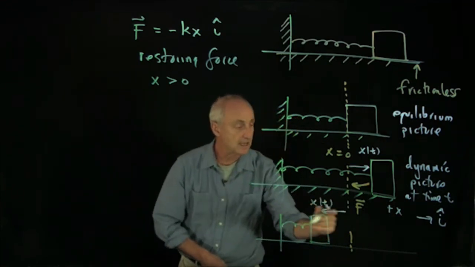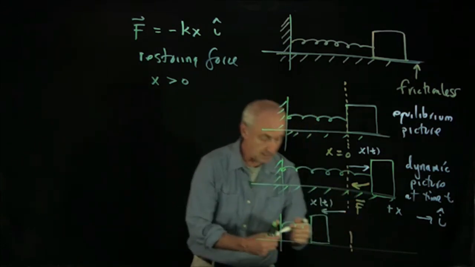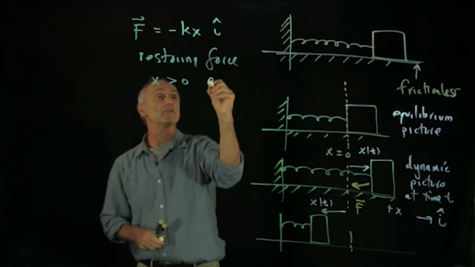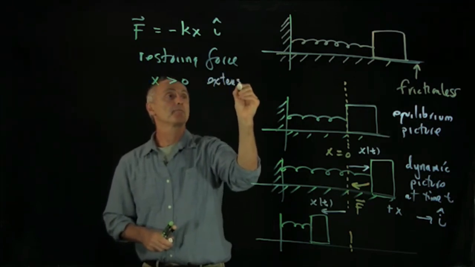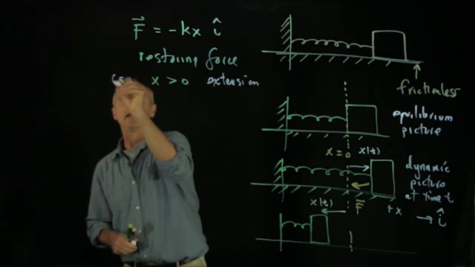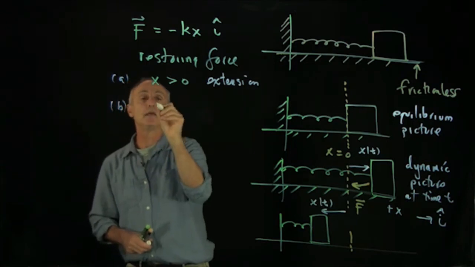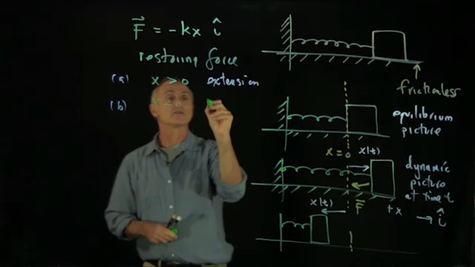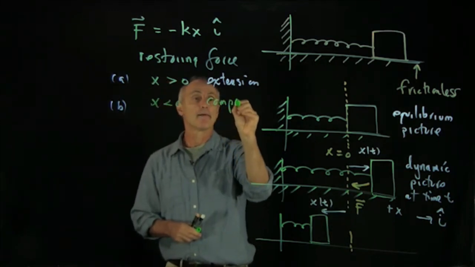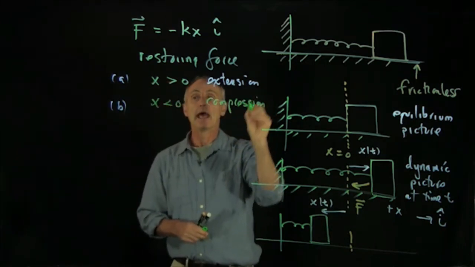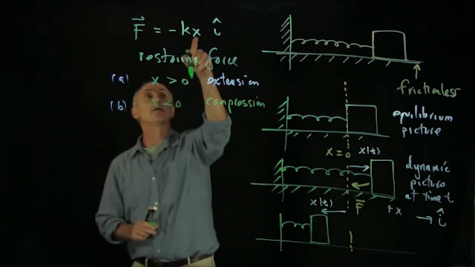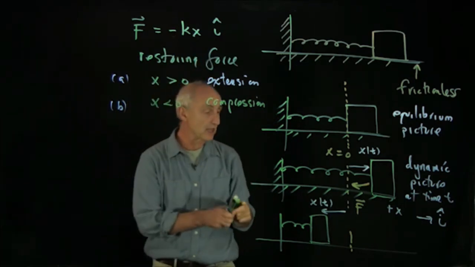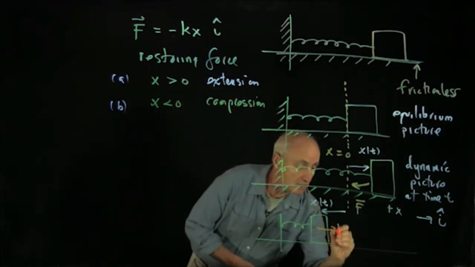But in this case, x of t is negative. So we'll call the first case A, the extension. And case B, when x is less than 0, it's under compression. And then we see that with x negative and the additional minus sign, the force is in the positive direction.